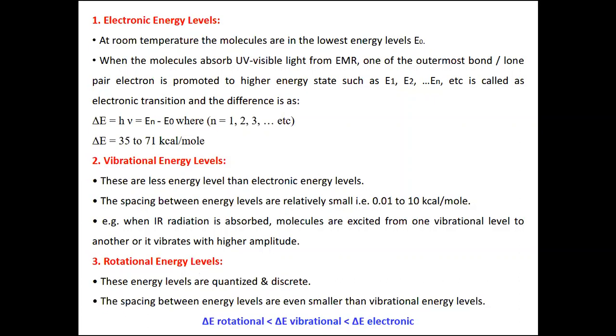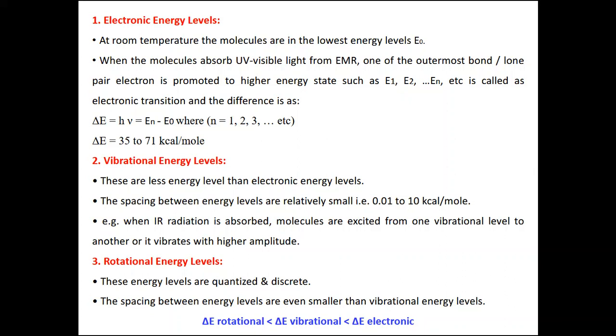The first one, which is the highest energy, is the electronic energy level. At room temperature, the molecules are in the lowest energy level, E0. When a molecule absorbs UV visible light from electromagnetic radiation, one of the outermost bonding electrons or lone pair electrons is promoted to a higher energy state like E1, E2 or En, etc. This is called an electronic transition.